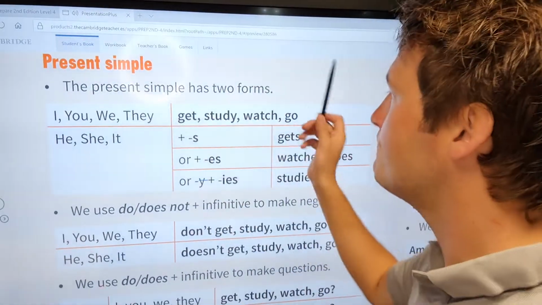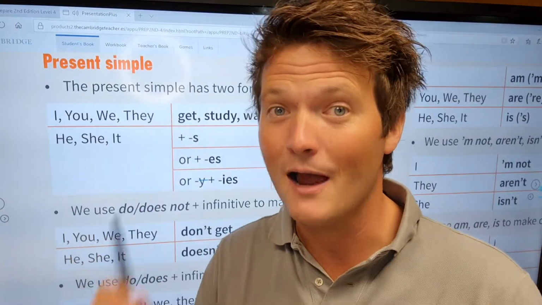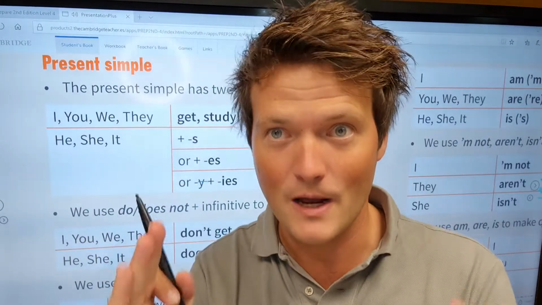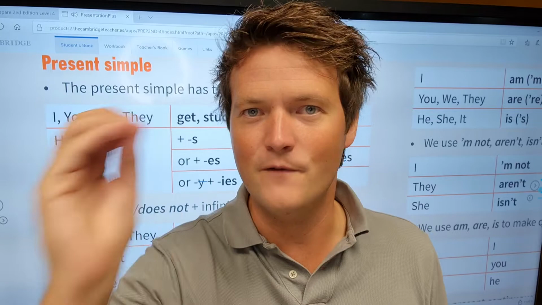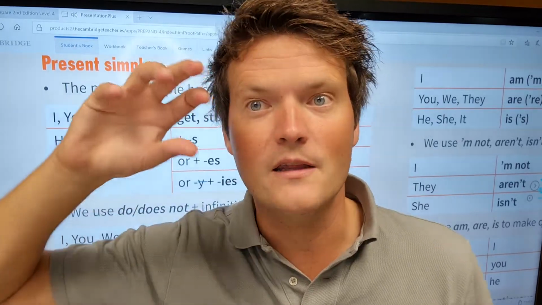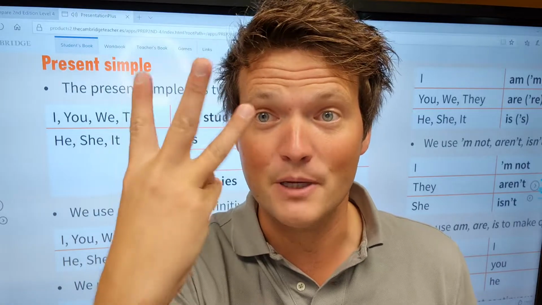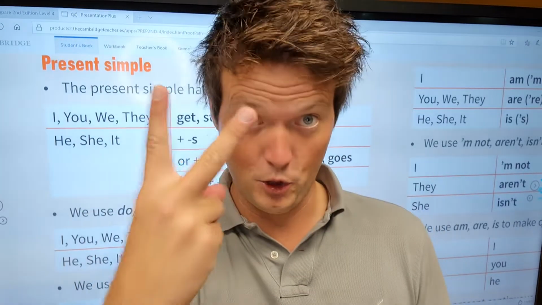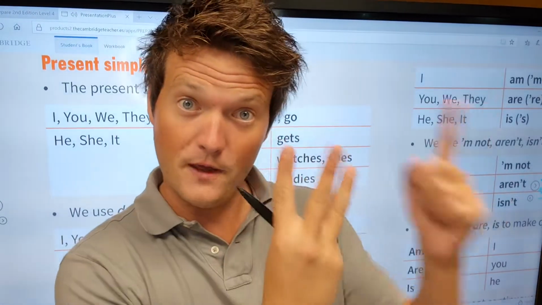It says present simple has two forms, and it's unbelievable how hard it is for people to remember this and get it right. We only put S on the ends of verbs in English when we're talking in the third person. What is the third person? It's when you and me, two people, are talking about a third person.